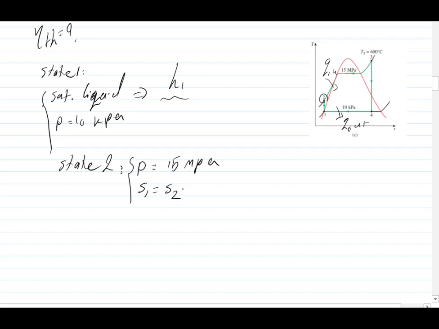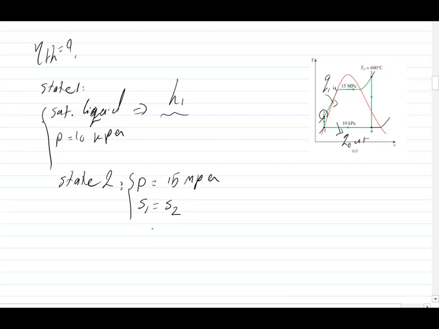So with this information, we can also calculate the enthalpy for state 2. Now we are going to find the enthalpy for state 2. If you remember, we need to find it with a similar procedure to what we had in part A.